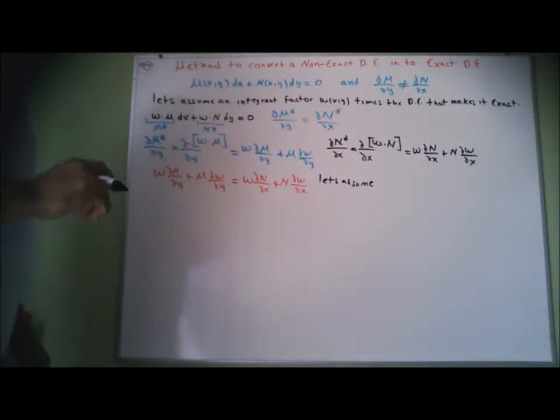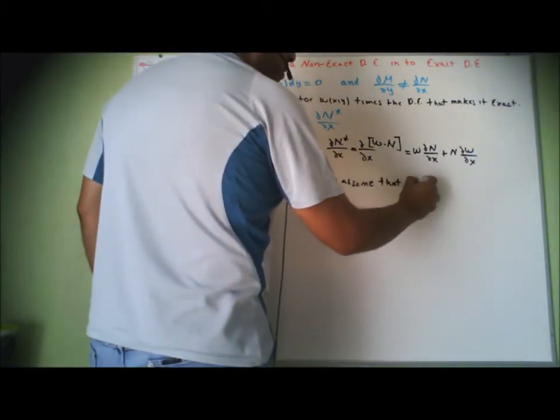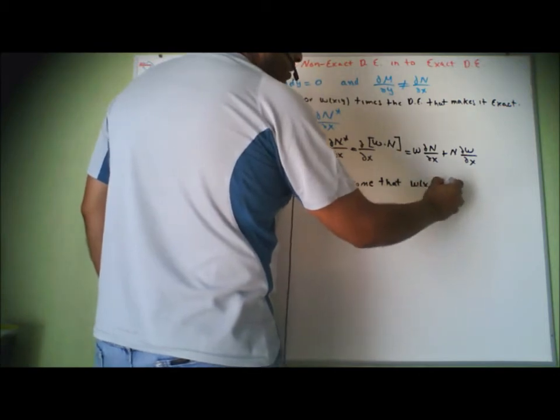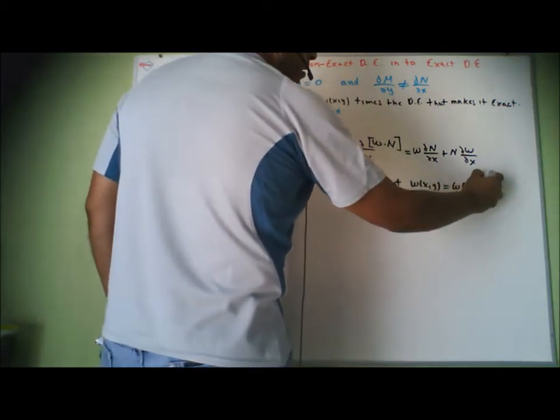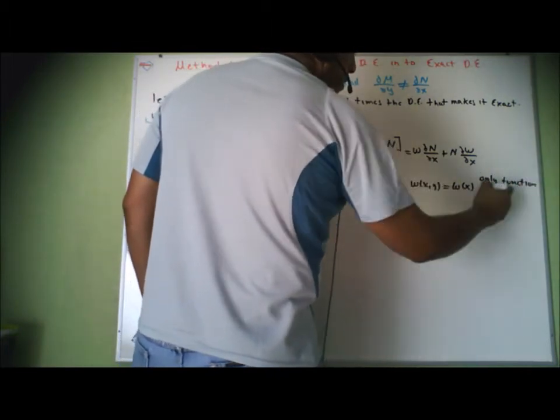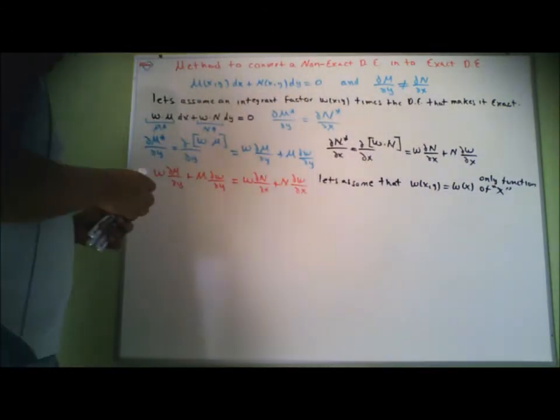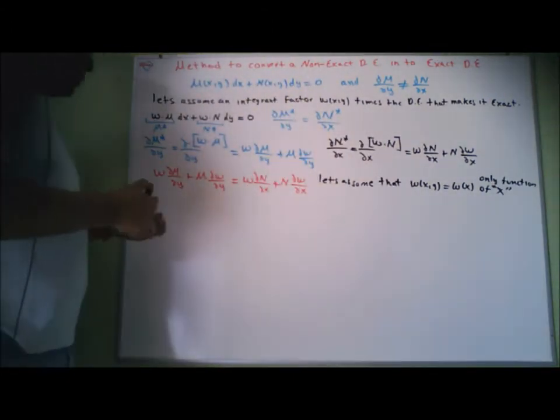So because of that, let's assume that w of x comma y is only a function of x. So what happens if it is only a function of x?